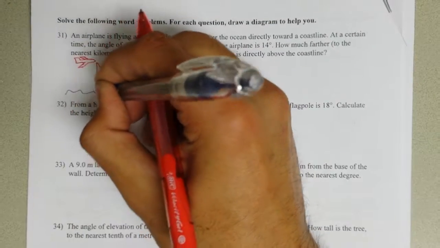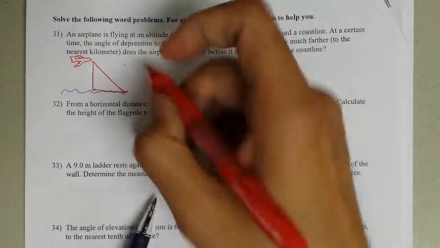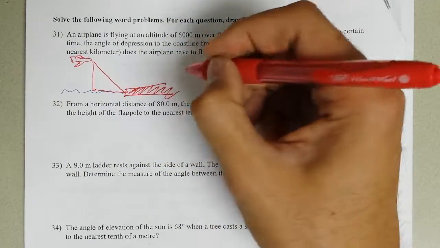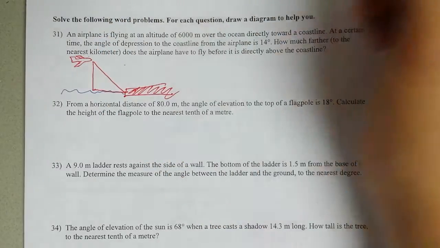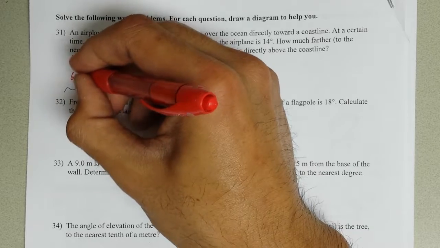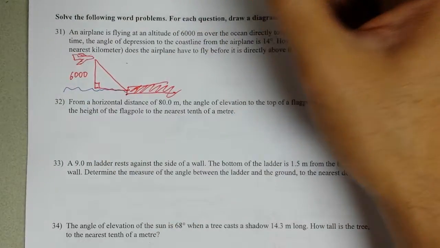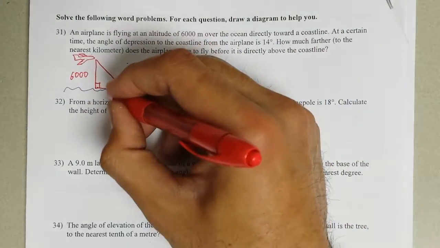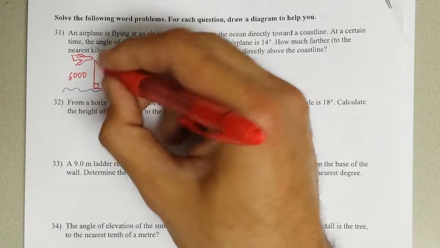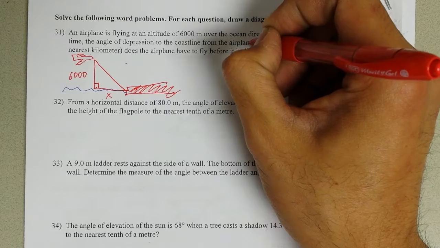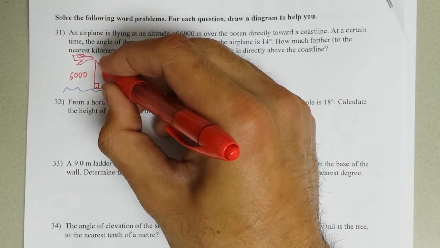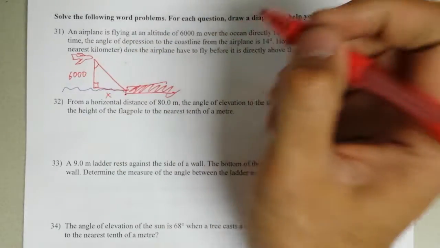So here's the ocean, and then here's the land. Here's a right angle. We know that it's 6,000 meters, or 6 kilometers up in the air. We want to find this distance, how far it has left to get to the land. Angle of depression from the airplane. Depression, if you're depressed, you look down. So you look down from here, that's 14 degrees.